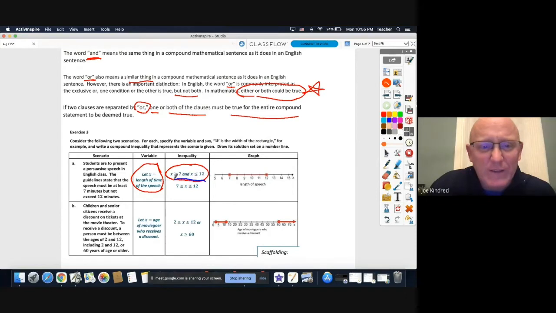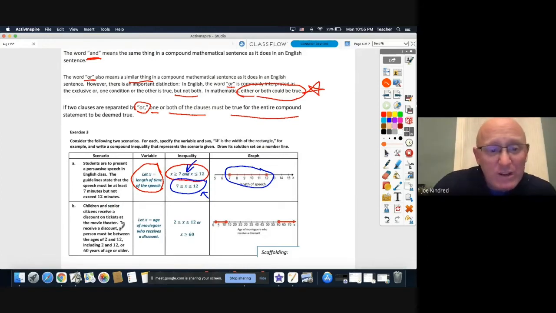They wrote the answer in this way, two separate inequalities, and then they also wrote an answer that is just as equivalent in this way. With the word and, we can combine and write it like this. X has to be greater than or equal to 7 minutes, and X has to be less than or equal to 12 minutes for the persuasive speech. And then the graph, take a look at the graph, take a look at the distinction, because you're going to be asked to do that as well.